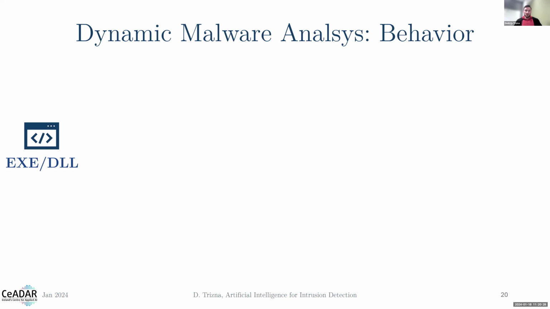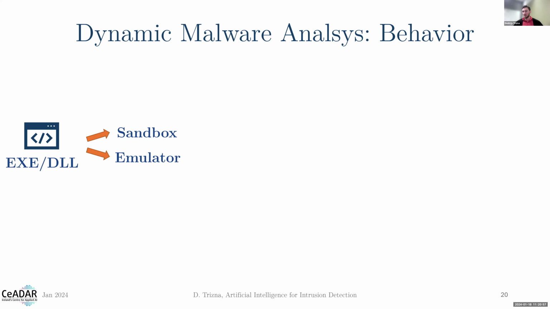So why dynamic malware analysis? Let me explain for those who are not familiar with this subfield of security. It's basically when you take an application, in this case an EXE or DLL file, which is practically the same from the operating system point of view, and you pass it through either a sandbox or an emulator. A sandbox is more full than an emulator.